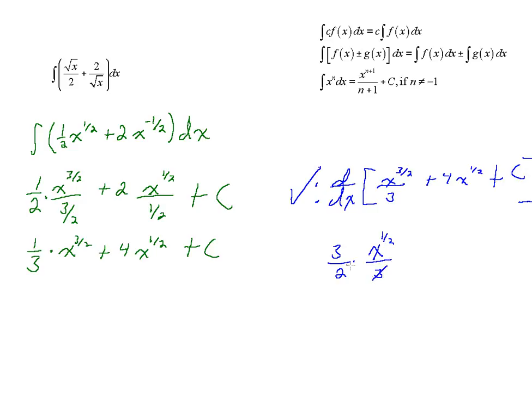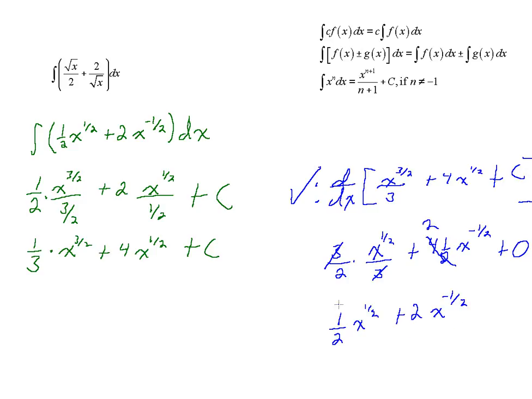And then plus 4, bring that power down in front first. We get negative 1/2, and then reduce that 1/2 by 1, so we get negative 1/2. And the derivative of c is 0, so we get a little cancellation there. And here we get 1/2 times x to the 1/2 plus 2x to the negative 1/2 plus 0. And that's exactly what we had in the beginning.